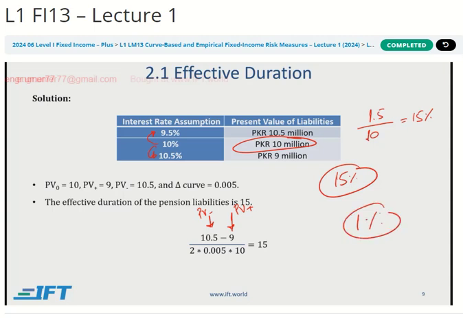From top to bottom, the entire change from 10.5 to 9 is 15% on a base of 10. And this is also the total: if you add the two 0.5s, where 0.5% is 0.005 in decimals, multiplied by 2, this is basically 1%, right?